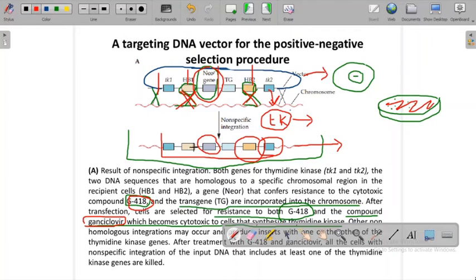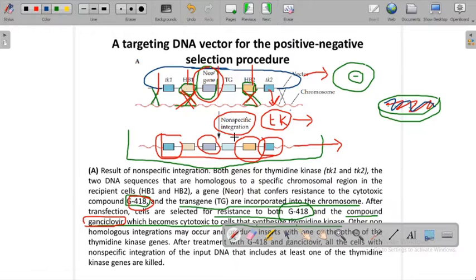The cells are transfected with the gene, but still they cannot survive, because they contain this TK gene. This is called non-specific integration, and these cells will not be selected because of non-specific interaction.